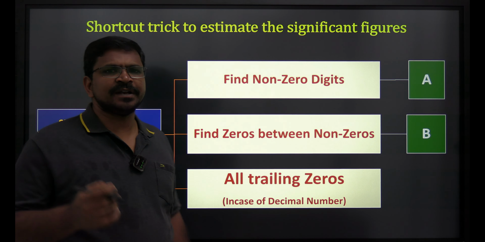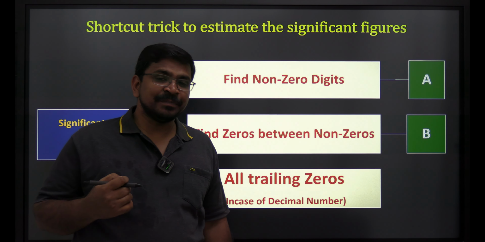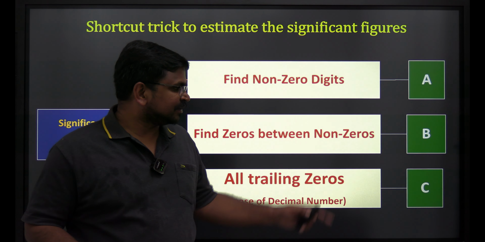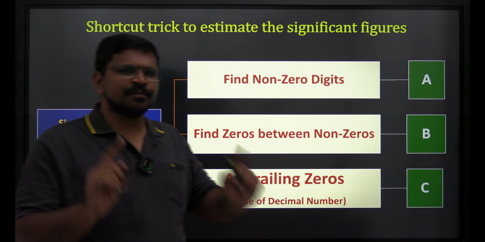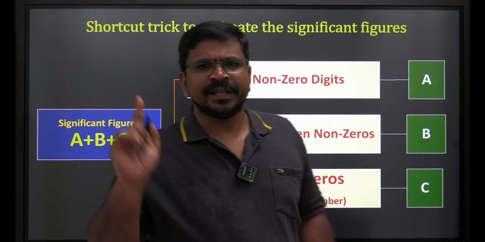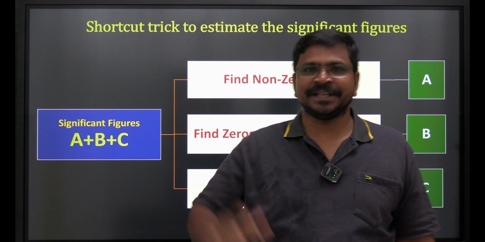All trailing zeros are significant. Trailing means rightmost zeros, and that is C. Simple. So now, significant figures means in your mind you should think A plus B plus C.